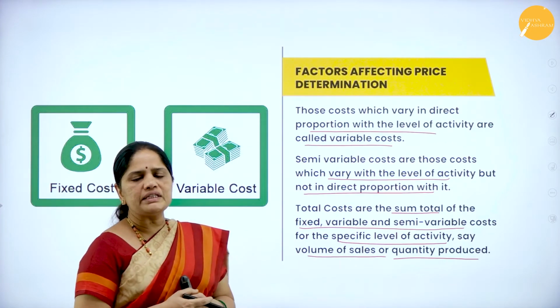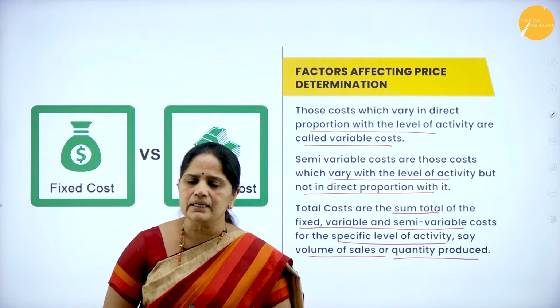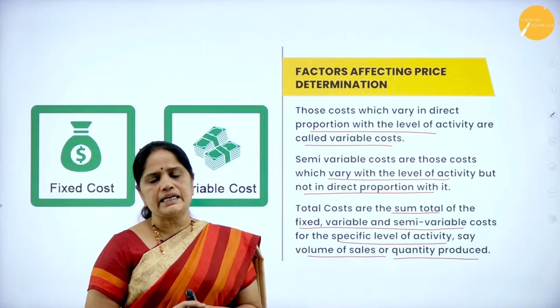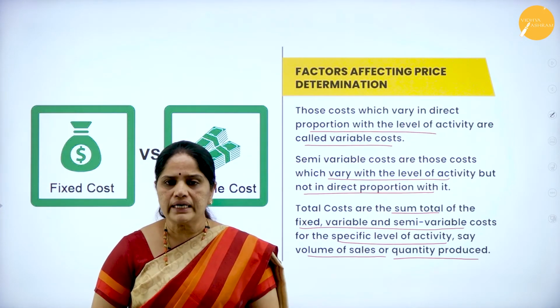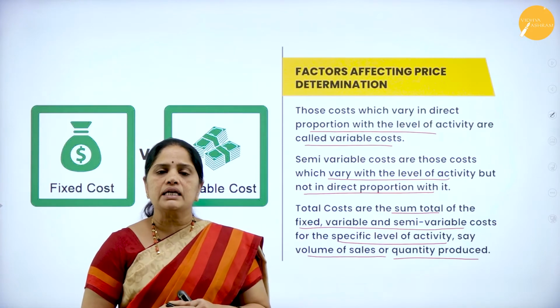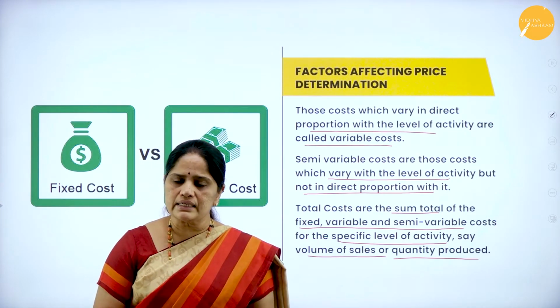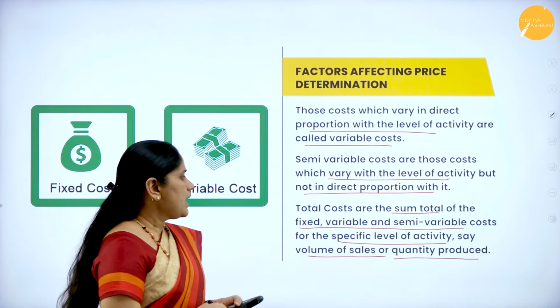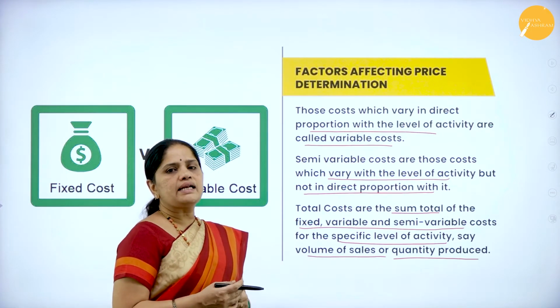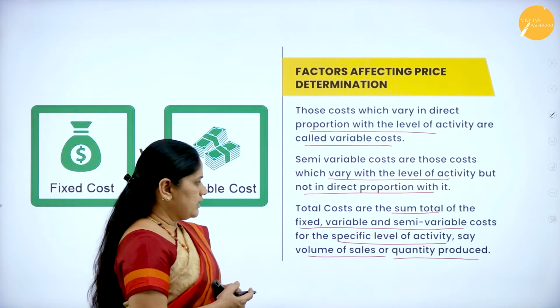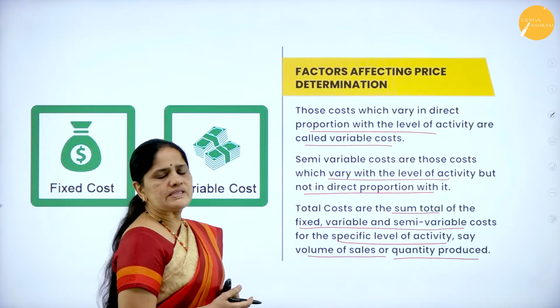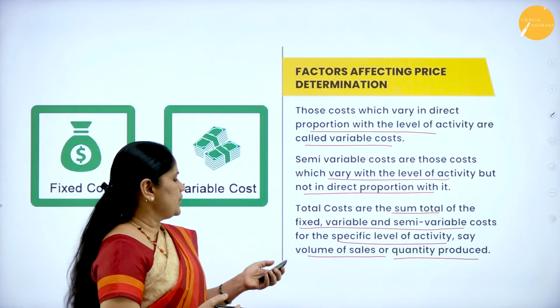Now, whenever we think about the cost of the product, the total cost will be taken into consideration. This total cost is inclusive of all these costs, that is the fixed cost, the variable cost and the semi-variable cost, and all this will be the deciding factor for the volume of sales or the quantity produced.